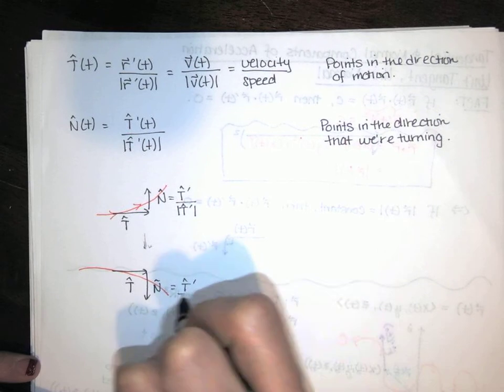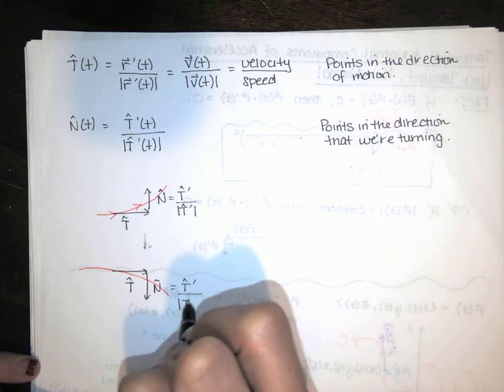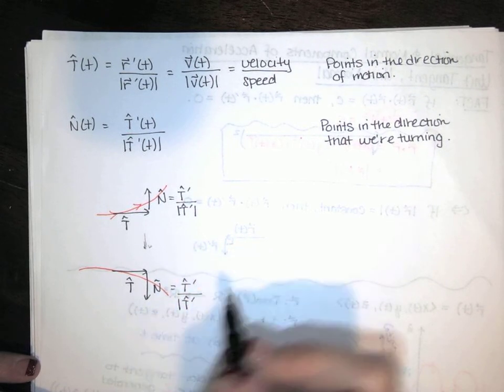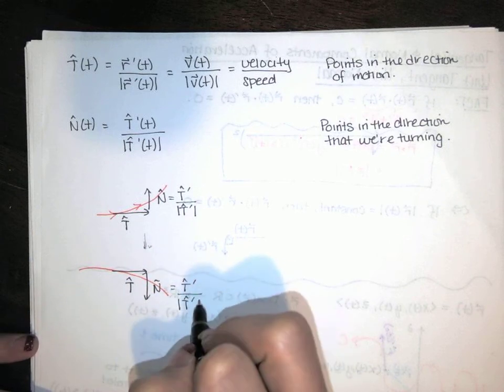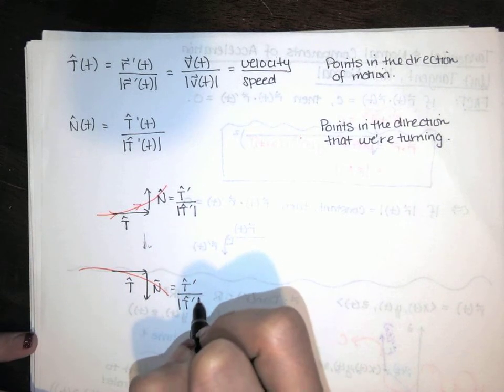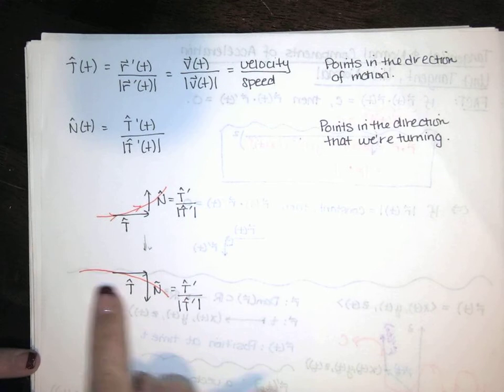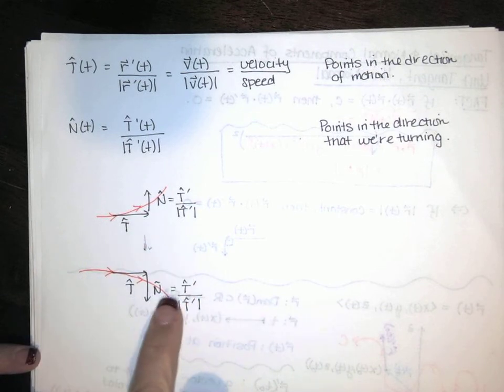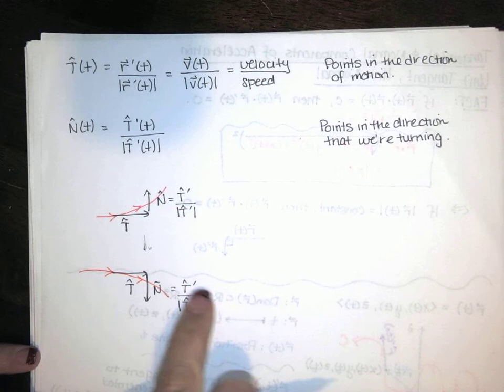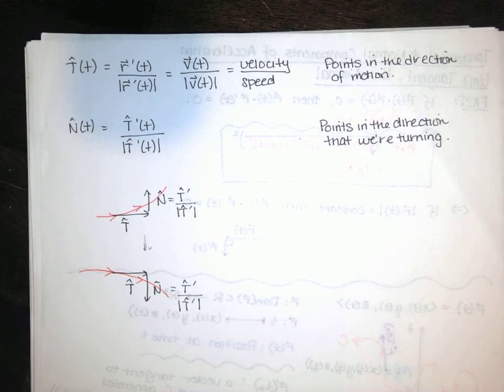Call that t hat prime. We normalize it. Normalizing, I know it seems like it's related to the normal vector. It's not. Normalizing a vector just means making it 1 unit long by dividing by its length. So this is the rate of change of this vector, and we made it 1 unit long.